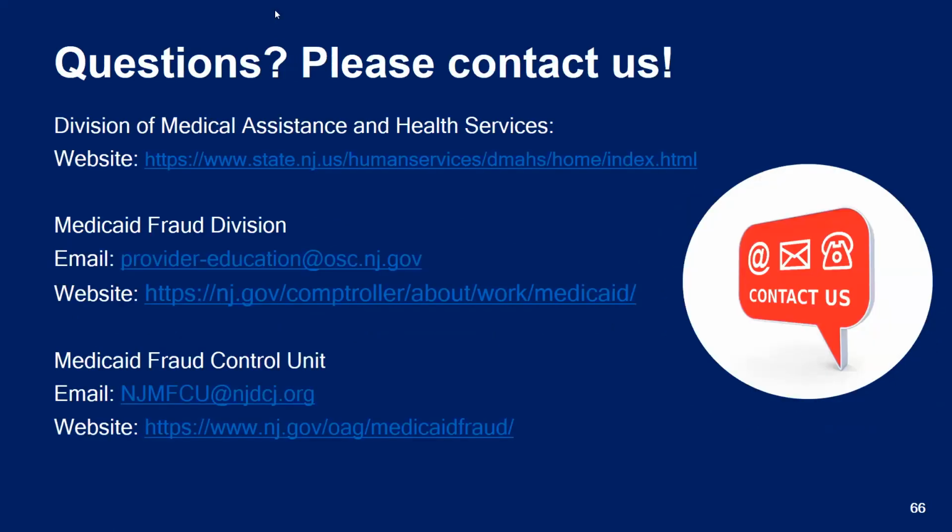Great, thank you, JJ. So the following slides contain contact information, including email addresses, websites, and hotlines for the relevant state agencies and managed care organizations. These resources are available to all of you, so please do not hesitate to use them. I will just click through quickly.